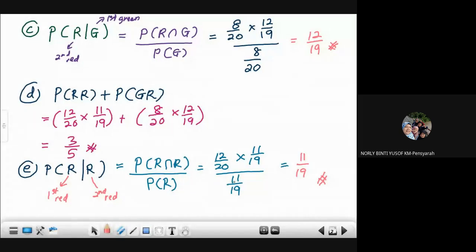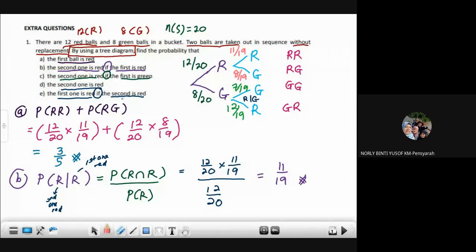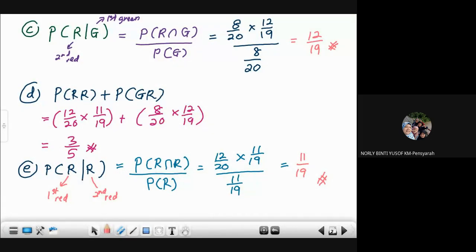That is 11/19. So dapatlah jawapan yang sama dengan soalan B. Cuma dia punya event berbeza lah. The given one is, the second one is red. For B, the first one is red. Tapi sebab event dia warna sama. Okay, so that is for example 1 for the extra question.